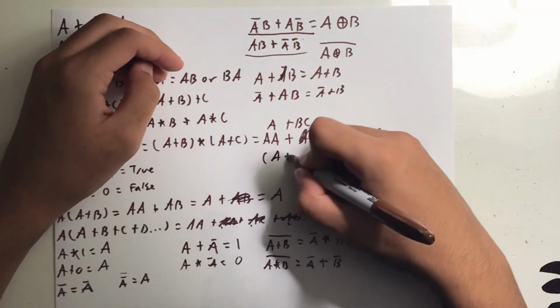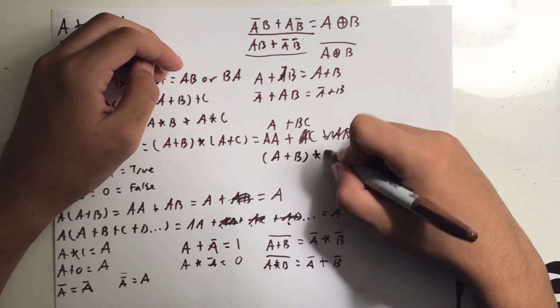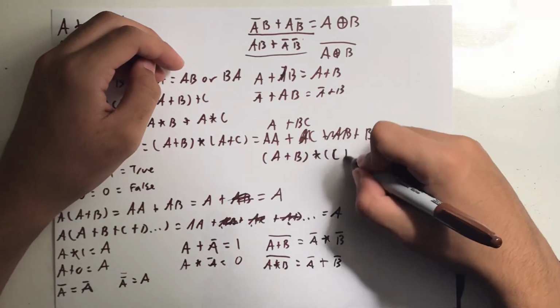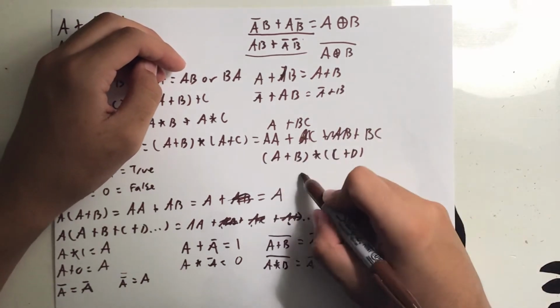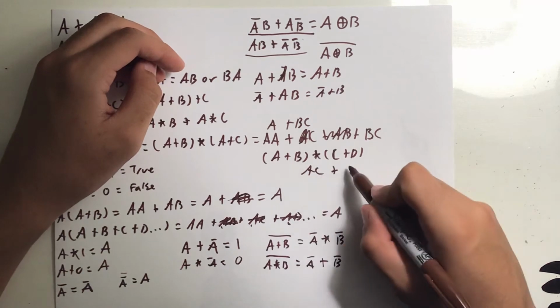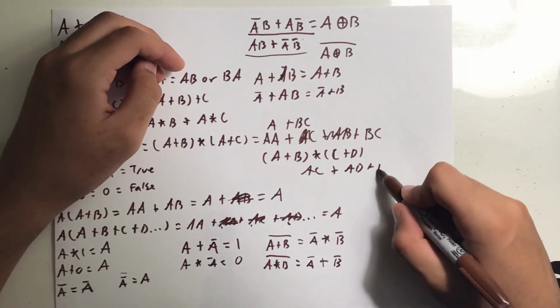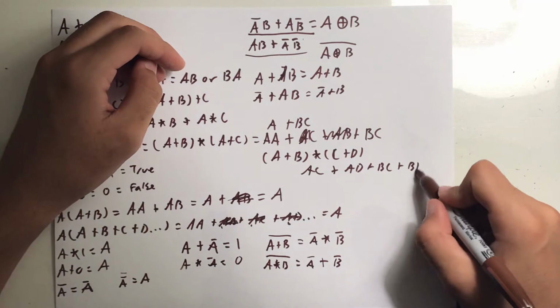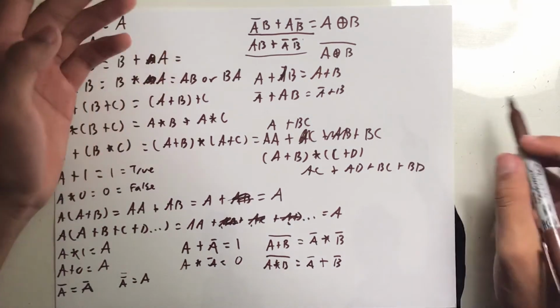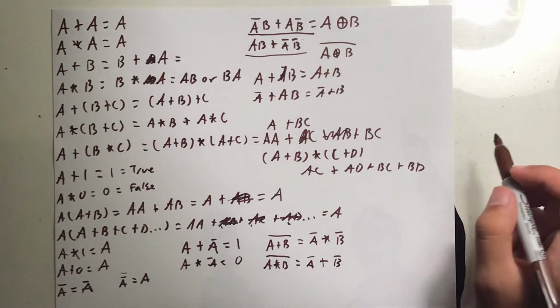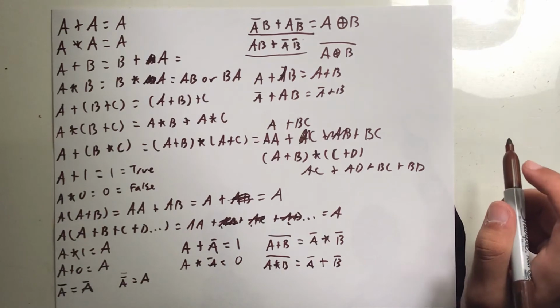Like if you have (A plus B) times (C plus D), you foil, you get AC plus AD plus BC plus BD, and that's all you can do. So you can also foil using Boolean as well.